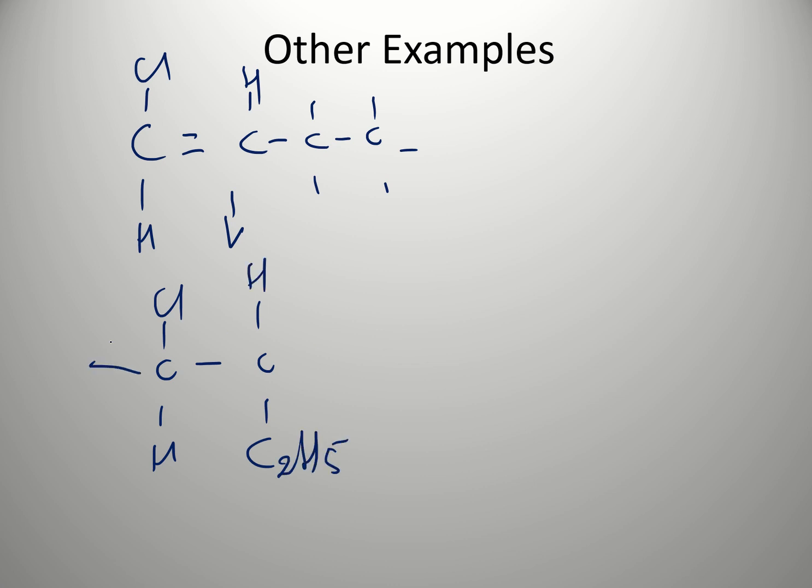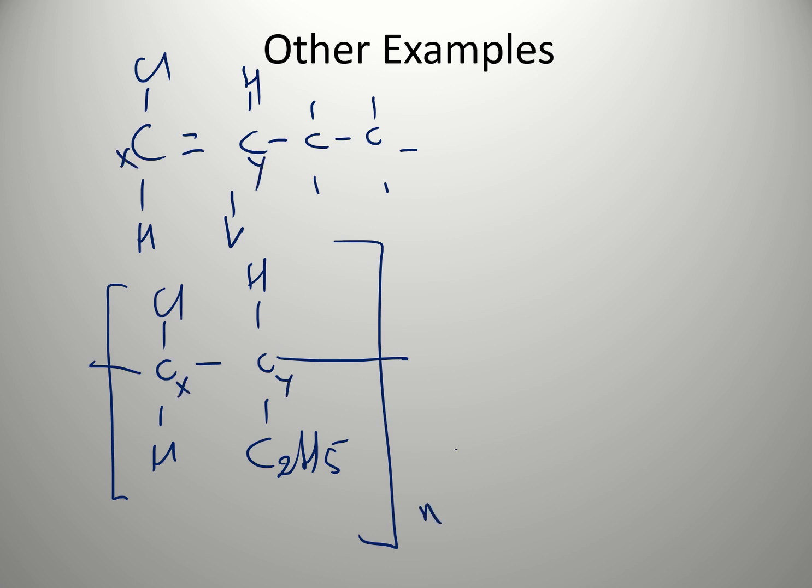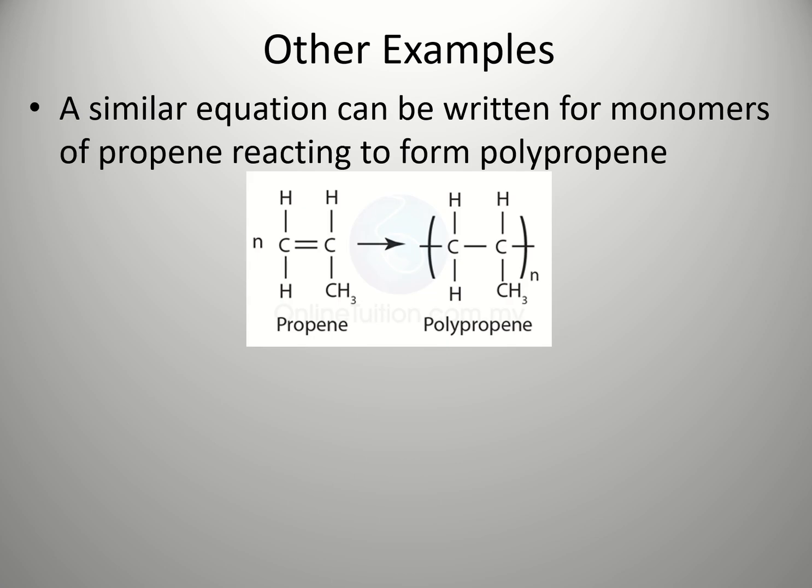Square brackets around it and just do that. That's my X and Y there. That's my X and Y there. N of those coming from N of those. So hopefully that clears that up and you can do your repeating units.